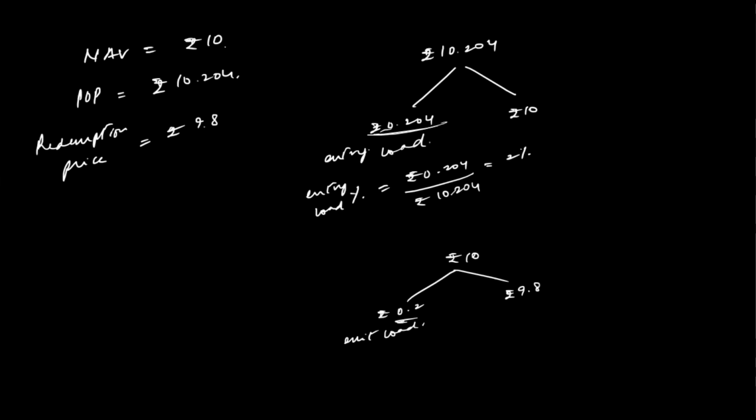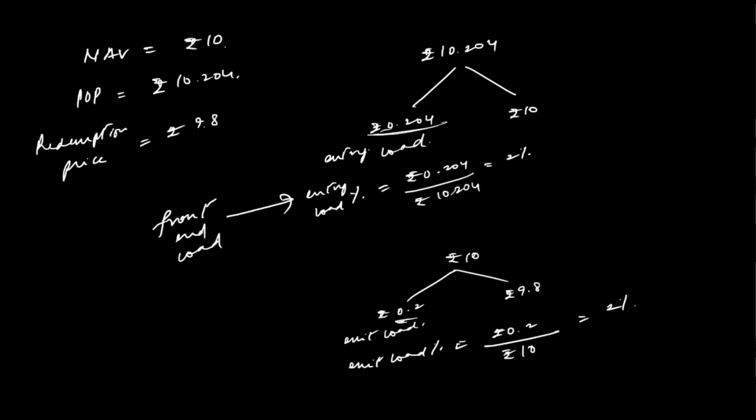Similarly, exit load percent is rupees 0.2 divided by the amount on which it is charged, rupees 10. So 0.2 by 10 is 2%. So entry load is 2% and exit load is 2%. This is how we find out entry load and exit load, which are nothing but front end load and back end load.